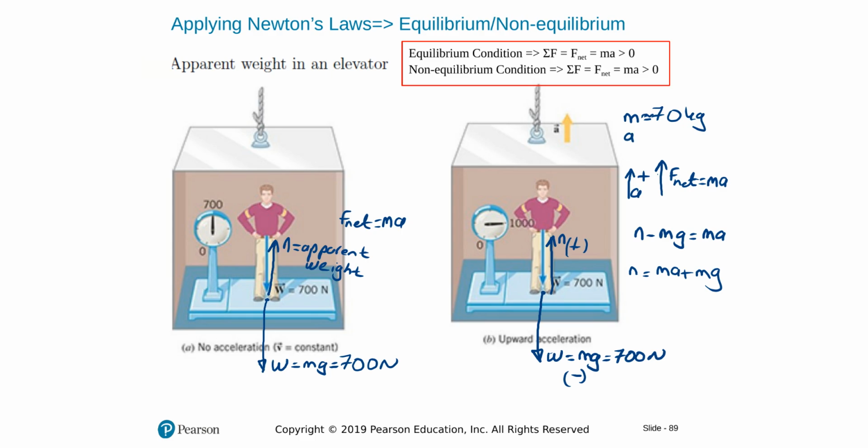Let's say acceleration is equal to 2 meters per second squared. We can actually solve for that, and N will be equal to 70 kilograms times 2 meters per second squared plus mg, which is about 700 newton. We'll just take that, and we'll see that that's about 840 newton.